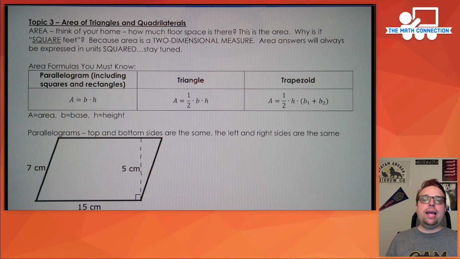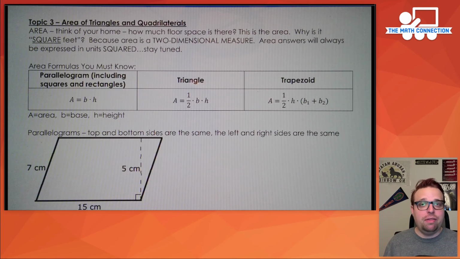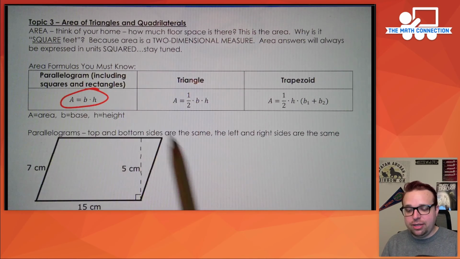There's an easy way, a shortcut, in order for you to find the area of basically any shape. You'll usually have an area formula that you can follow that goes with that type of shape. In this case, we have a parallelogram as our first thing. And the area of that parallelogram can be found by taking the base times the height. That's what this formula is right here.